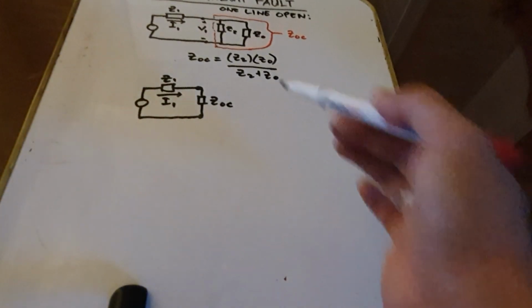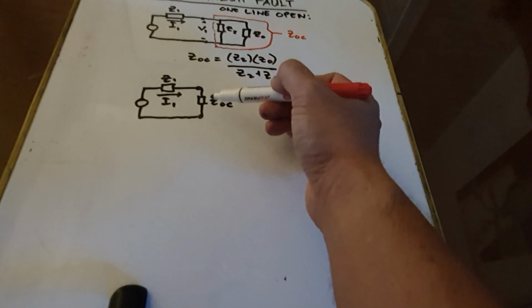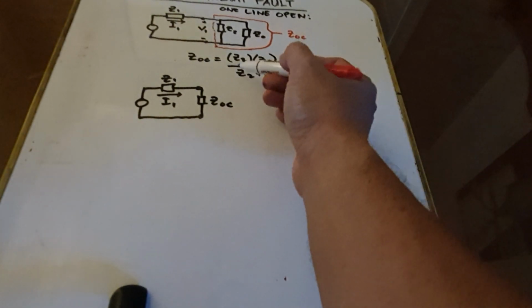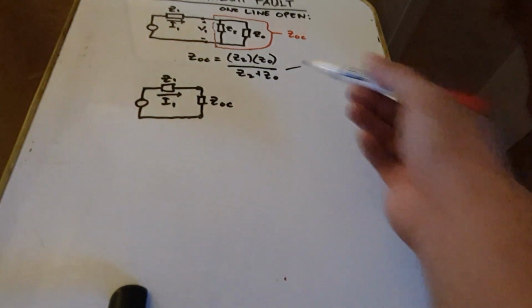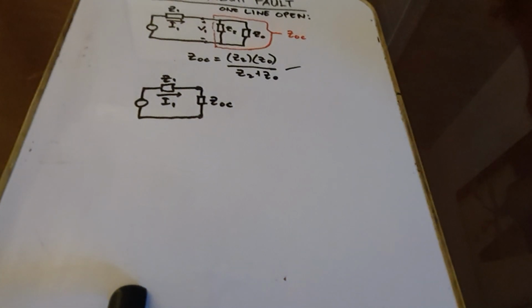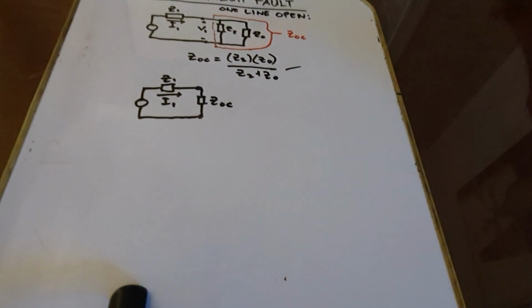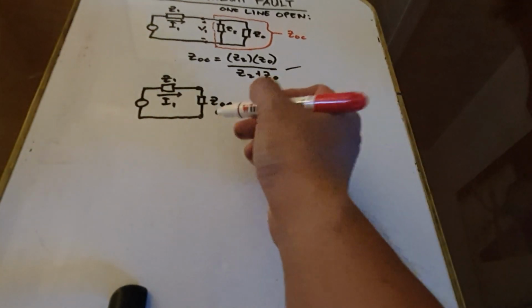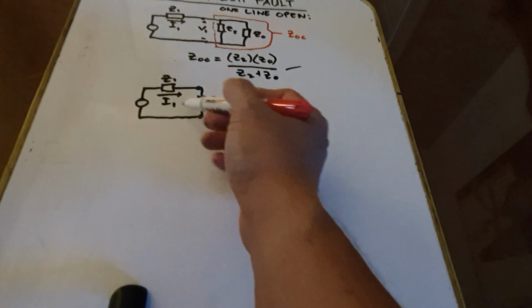So if there is an open circuit, one line open, you have only to insert the equivalent parallel impedance of the negative and the zero sequence impedances. So now the simplified diagram is this one.